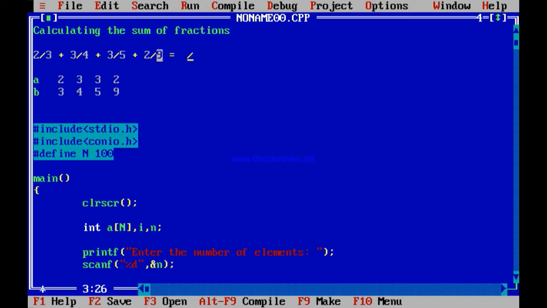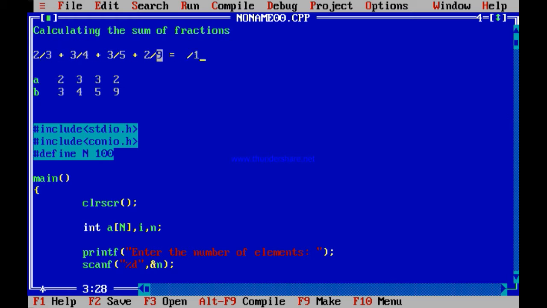What will be the LCM of 3, 4, 5 and 9? Say 9 into 5, 45. No, 45 will not work because 2 is not there. But 9 into 10, 90. 90 is a possibility. See, 90 is divisible by 9, divisible by 5, but not divisible by 4, not divisible by 3. So, 90 is still not your answer.